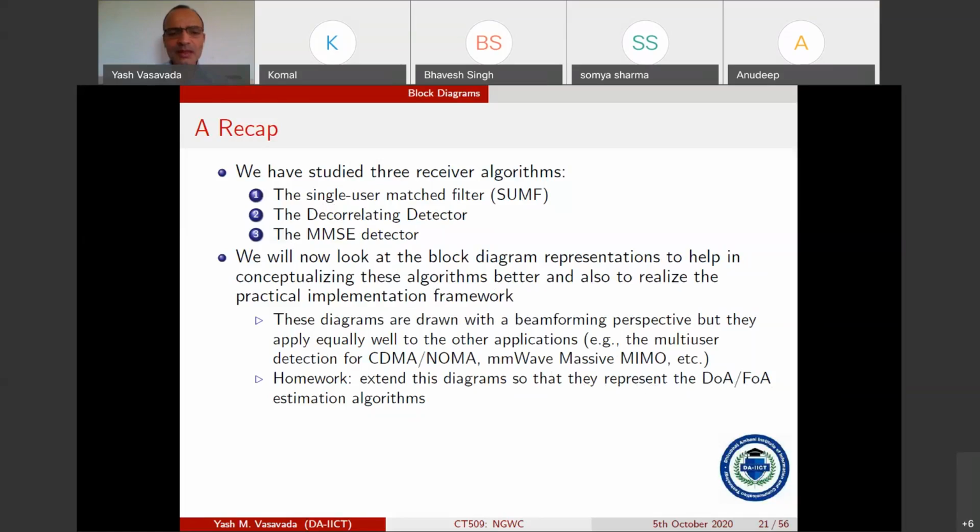So please spend some time on that also, apart from just understanding what I'm going to show you. See if you can extend your understanding to this DOA, FOA problem as well.